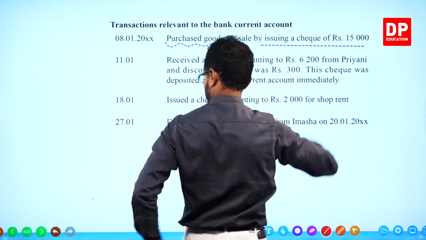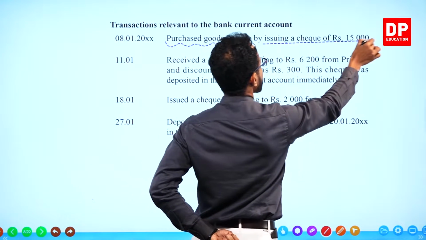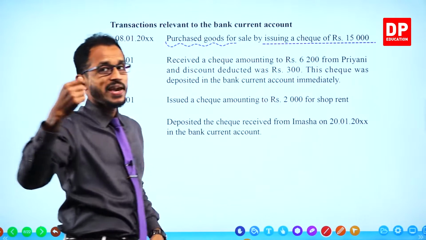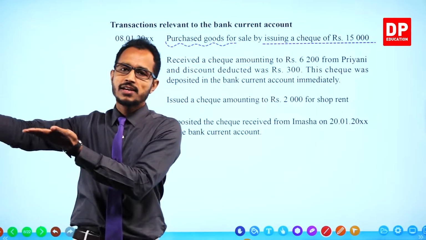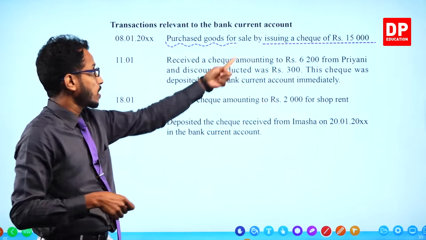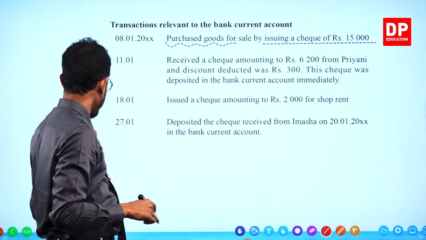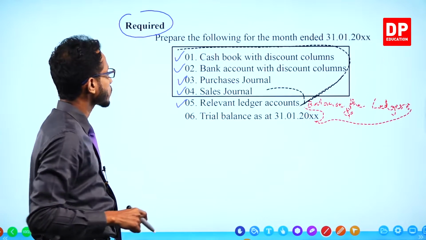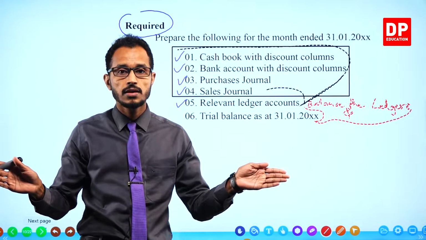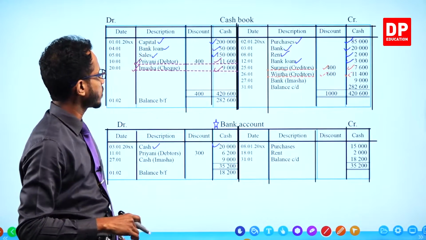By issuing a check. So money is paid not from the cash but from a check. Bank money goes down, which means bank account must be debit or credit? Credit. Bank account must be credit.